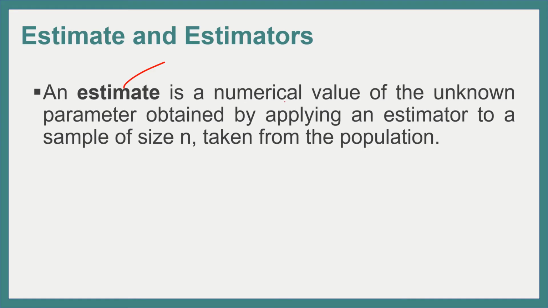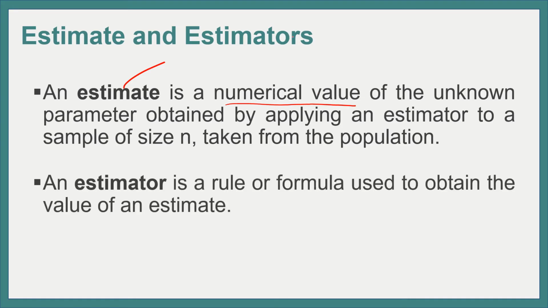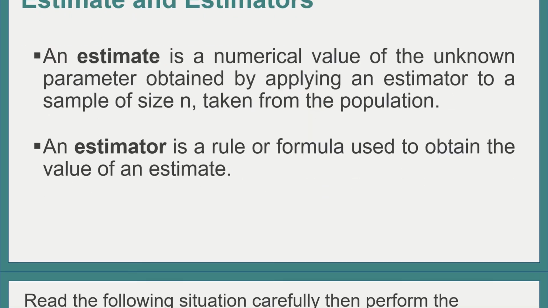So estimate is a numerical value. On the other hand, an estimator is a rule or formula used to obtain the value of an estimate. These are the formulas we use in order to solve for the value of our estimate.